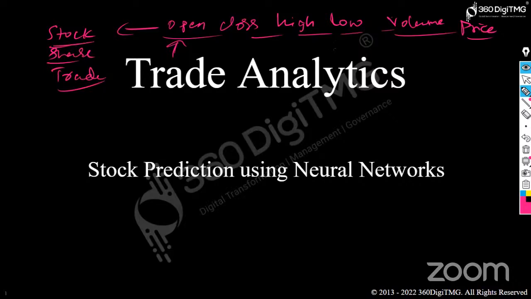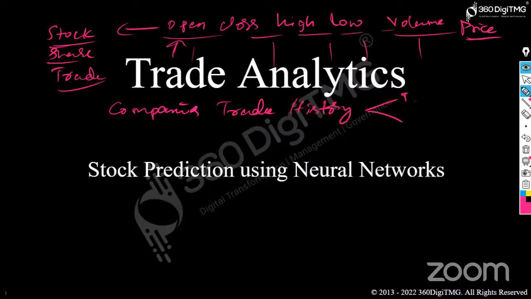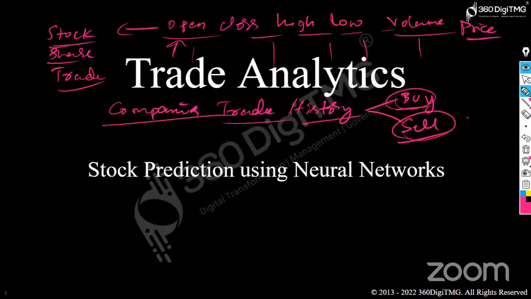Okay. So now we pass all these values and we analyze a particular company's trade history, and then we decide whether to buy or sell the shares. So we predict the value based on the output that we are getting, and the past history of the data, the history of the company, is required.